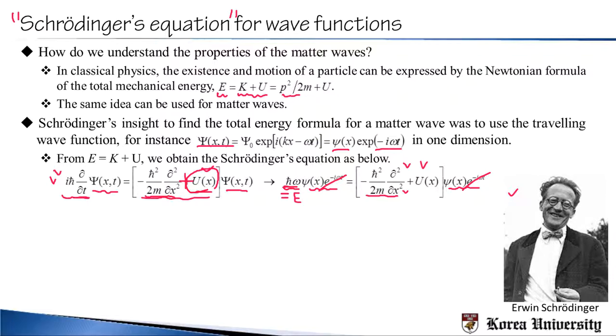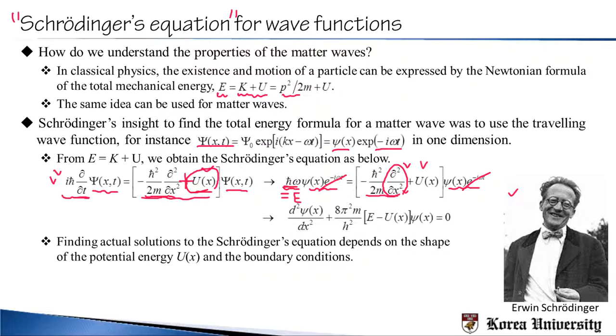We can rewrite it using especially this second derivative term. If you take the second derivative with position of the wave function, this is equal to all kinds of constants multiplied by the total energy minus the potential energy multiplied by the function itself. So basically it's a second order differential equation.